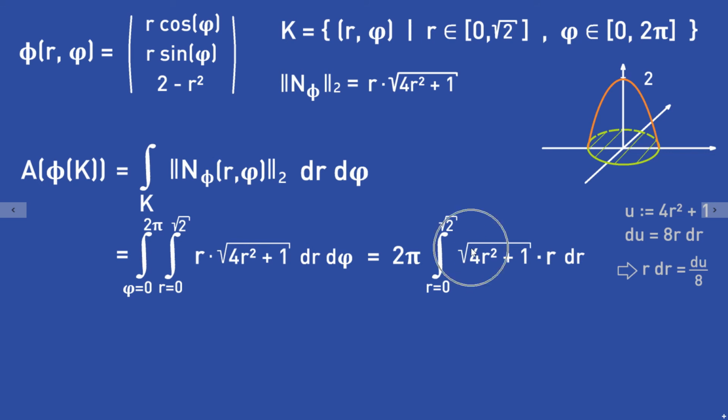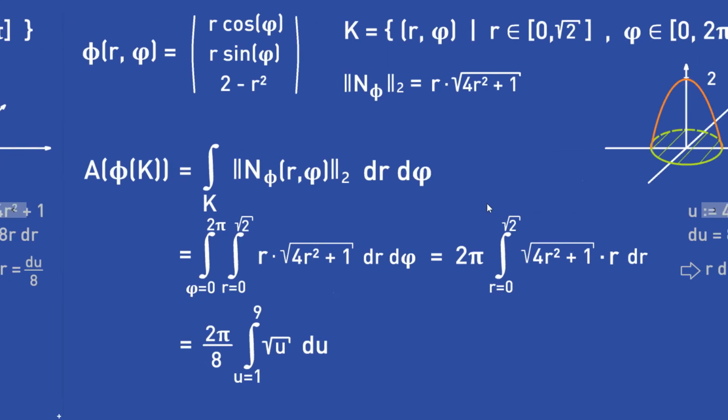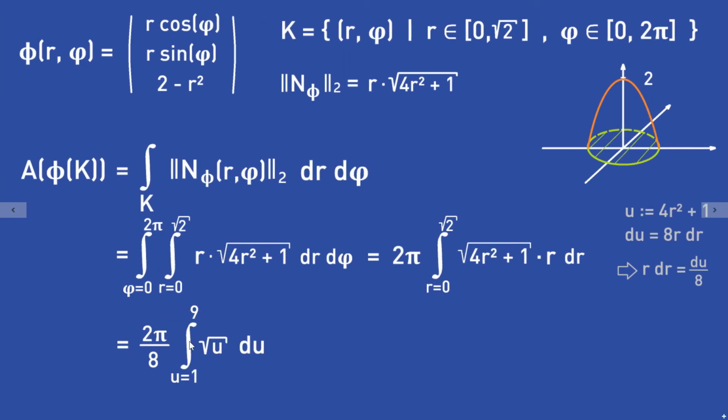So now this here is equal to that here. So this here is equal to 2 pi divided by 8 times the integral of u from 1 to 9 of the square root of u du. Now we can solve this here, and in the end we should get 13 pi divided by 3.